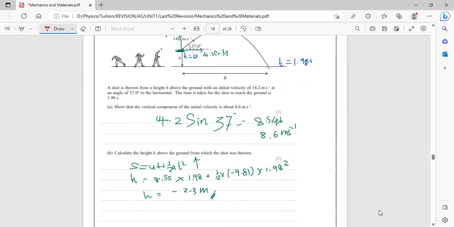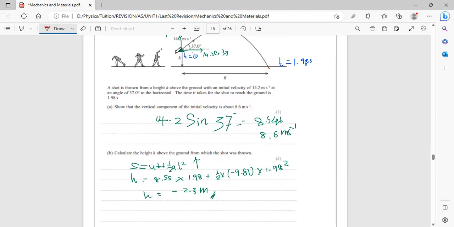So we can use s equals ut plus half at squared. So h is equal to the initial vertical velocity 8.55 times time 1.98, plus half into negative 9.81, because we are applying the equation upwards and acceleration is acting downwards, times 1.98 squared. So h is equal to negative 2.3.